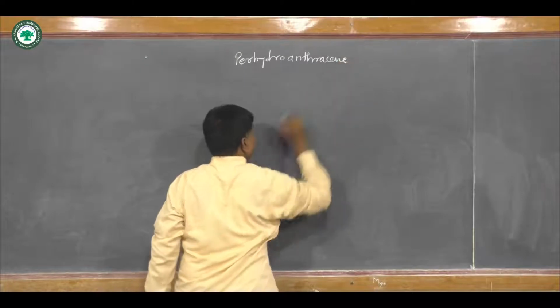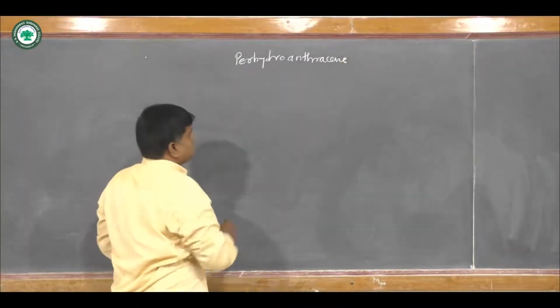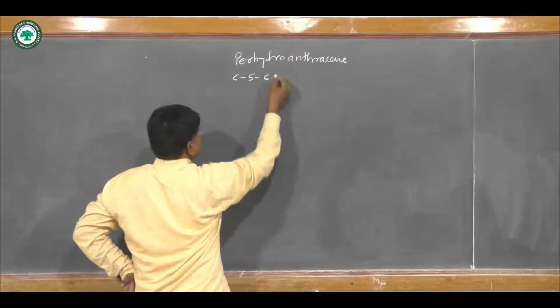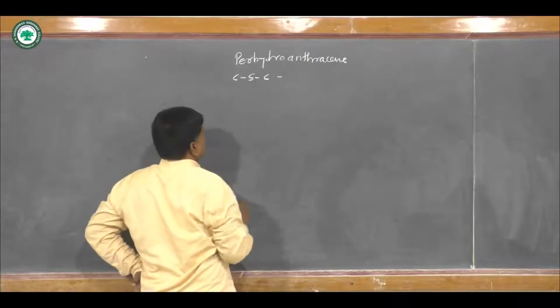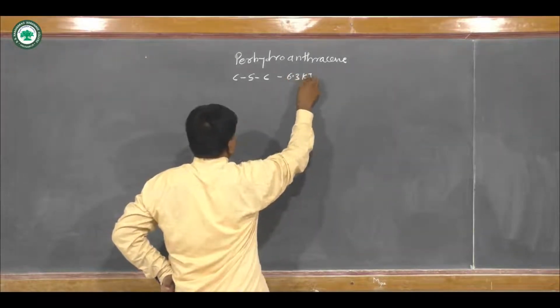The structures we already discussed are cis syn cis, with its energy calculation being near about 6.3 kilojoules.